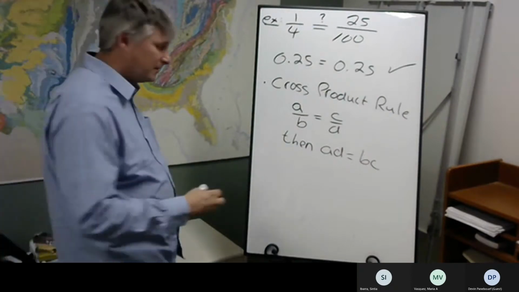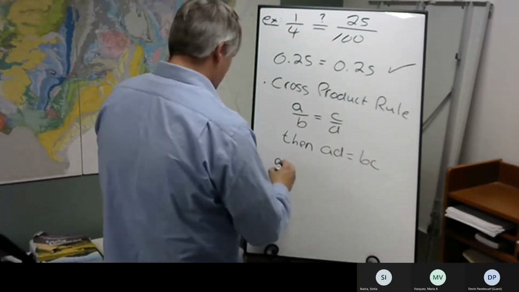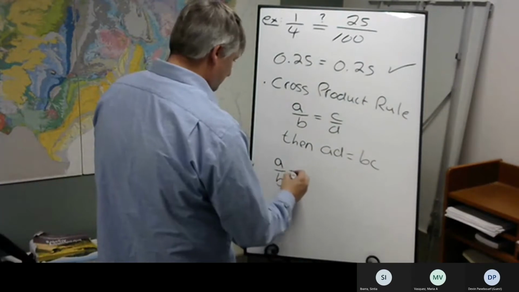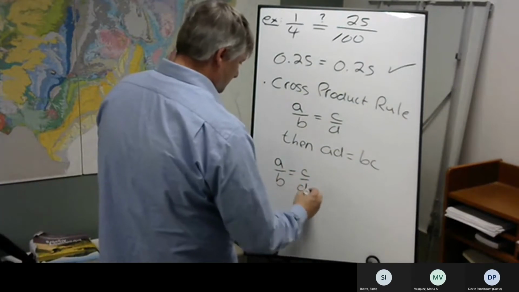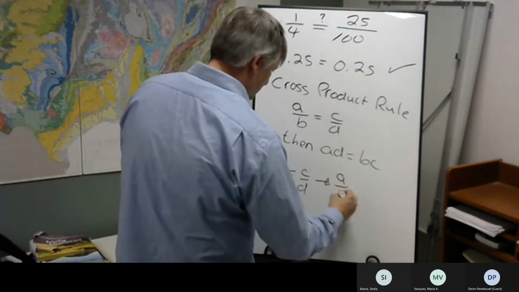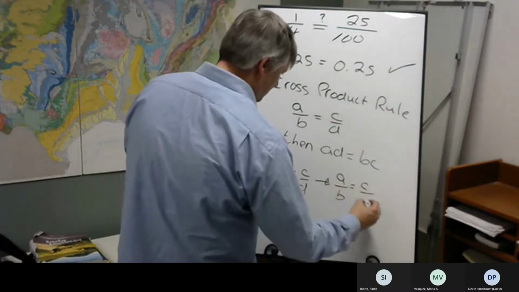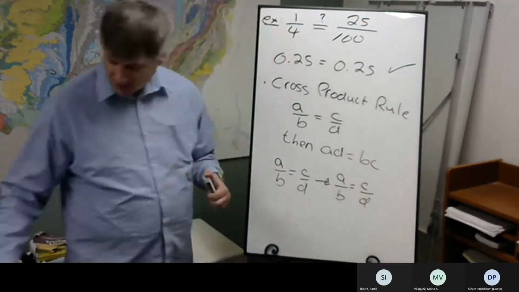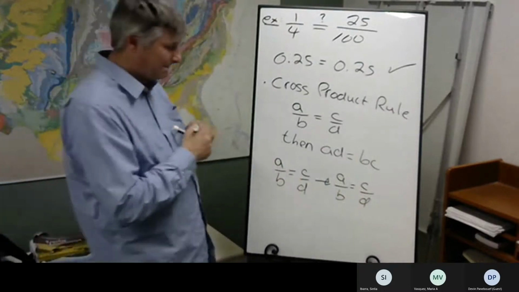Another way of thinking about this is A over B equals C over D, and we'll do something called cross multiplying.